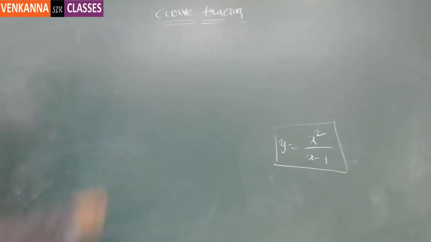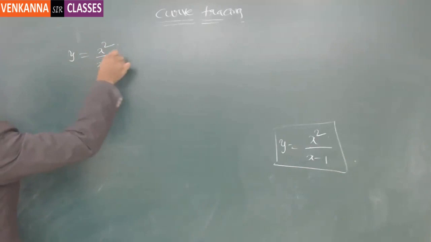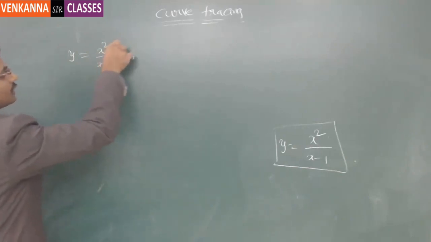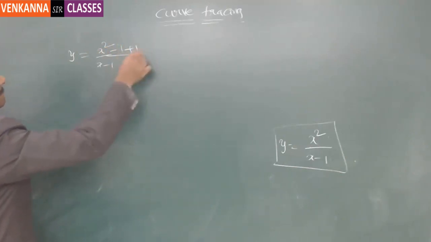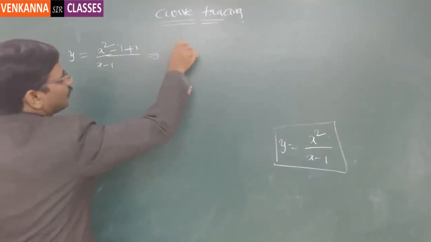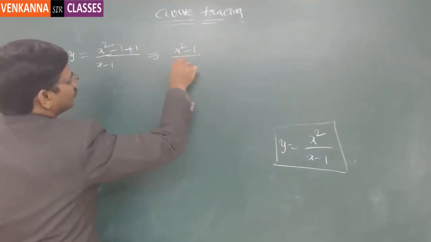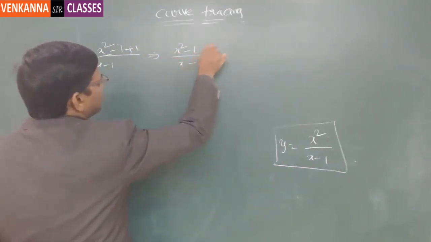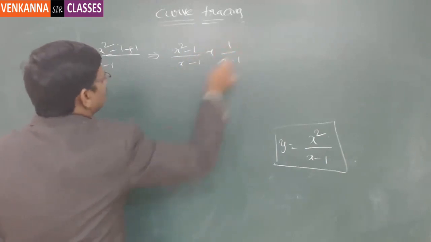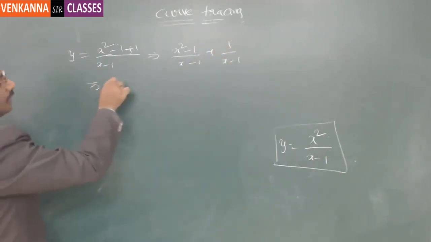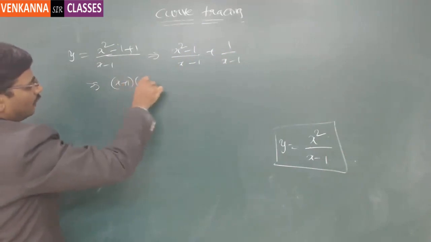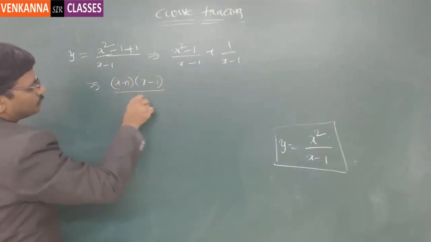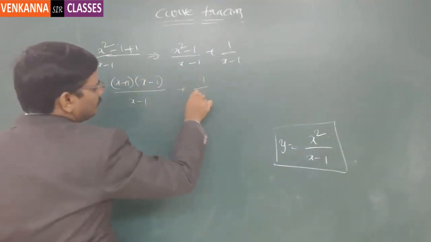Got it? Here, y is equal to x square by x minus 1 can be written as x square minus 1 plus 1, so x square minus 1 by x minus 1 plus 1 by x minus 1. So this can be written as x plus 1 into x minus 1 divided by x minus 1 plus 1 by x minus 1.